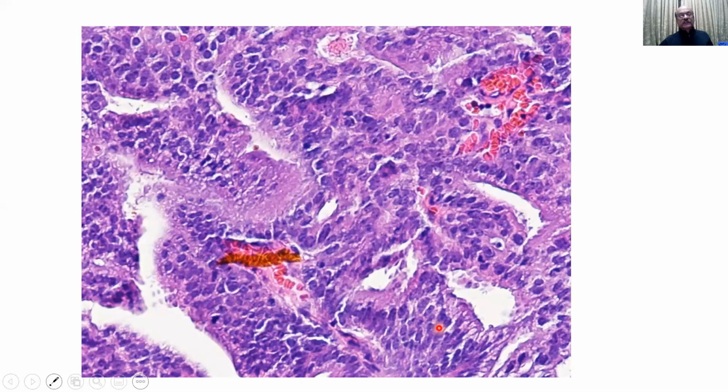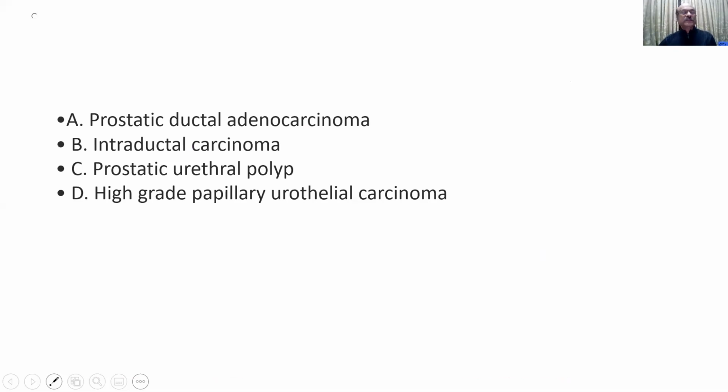So this pseudostratified pattern and the cribriform pattern both are present. So the choices are prostatic ductal adenocarcinoma, intraductal carcinoma, prostatic urothelial polyp, prostatic urethral polyp, and high-grade papillary urothelial carcinoma.